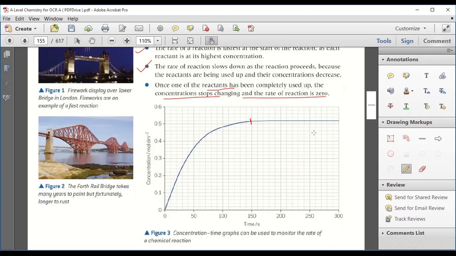Now, once one of the reactants has been completely used up, the reaction graph changes and the rate of reaction is 0. Now, this is the concentration of product. Now see this thing.